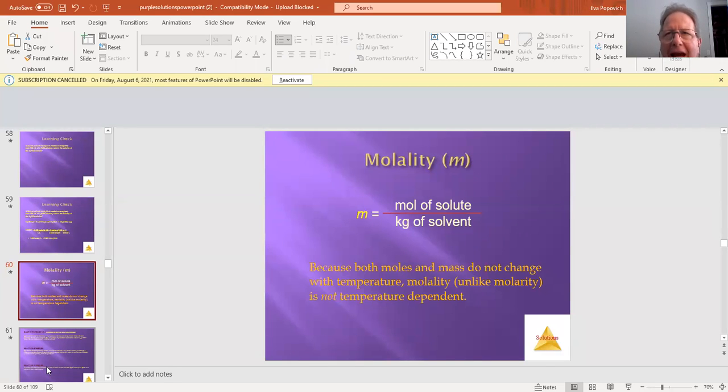It's indicated by a small m. Molality is moles of solute divided by kilograms of solvent. Because we're dealing with masses, and mass is not temperature dependent, this concentration is not temperature dependent.